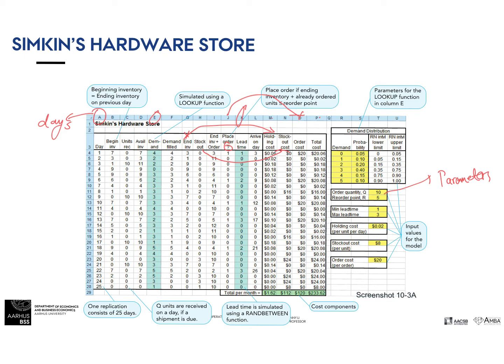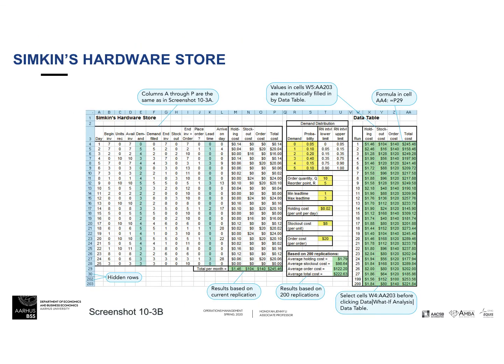Then the minimum lead time and the maximum lead time, the holding cost, stock out cost and order cost are all unit costs. And the demand information is a discrete distribution. The textbook gives you all the details about this model, so I strongly suggest you go through the Excel workbook and also the textbook explanations.